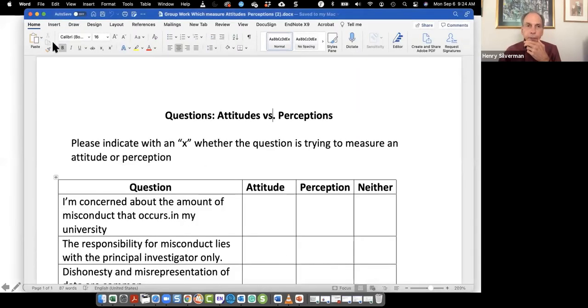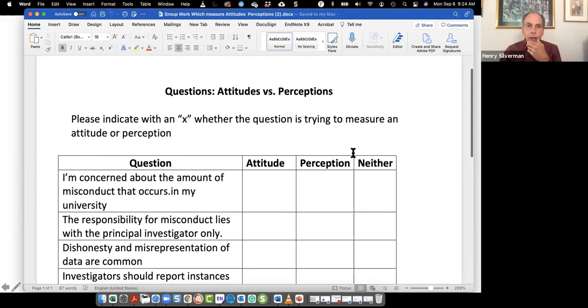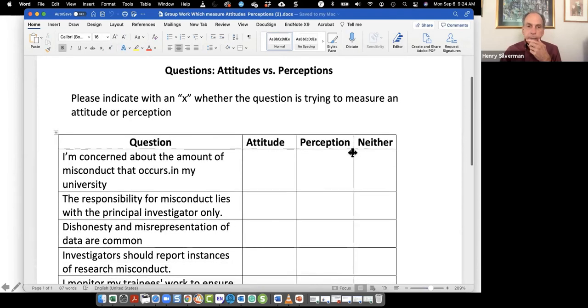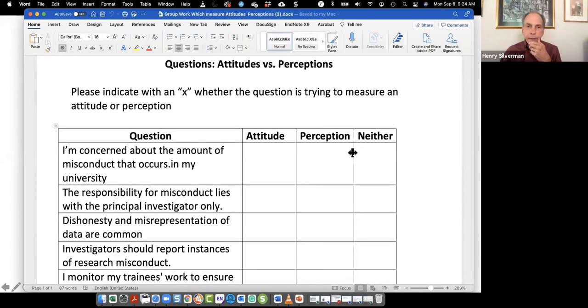Okay, do you see this question? Here's another example. I'm concerned about the amount of misconduct that occurs in my university. Attitude, perception, or neither?